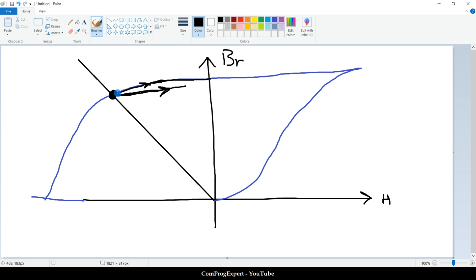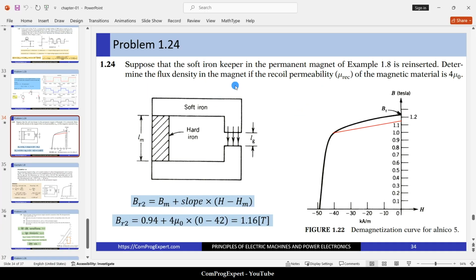But for permanent magnet materials, depending on the knee point and the HM, the operating point, we can move in this direction, right? This is possible. So in this problem, the slope of the recoil line, the recoil permeability, is given here.